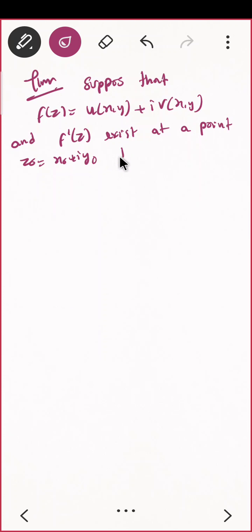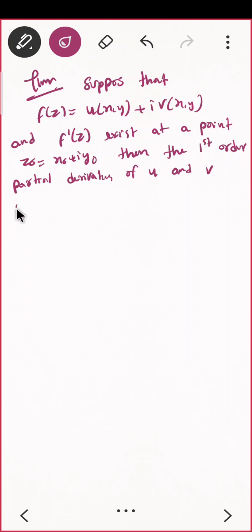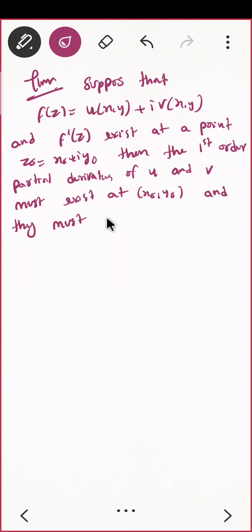Okay, then can I say the first order partial derivatives of u and v must exist at that point (x naught, y naught), and they must satisfy the Cauchy-Riemann equations.